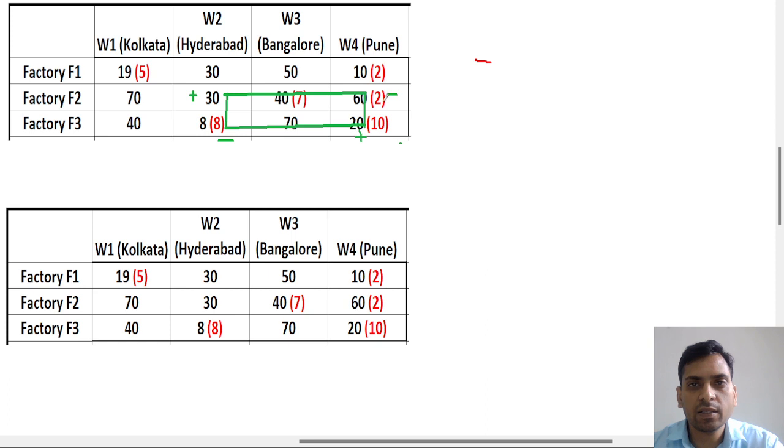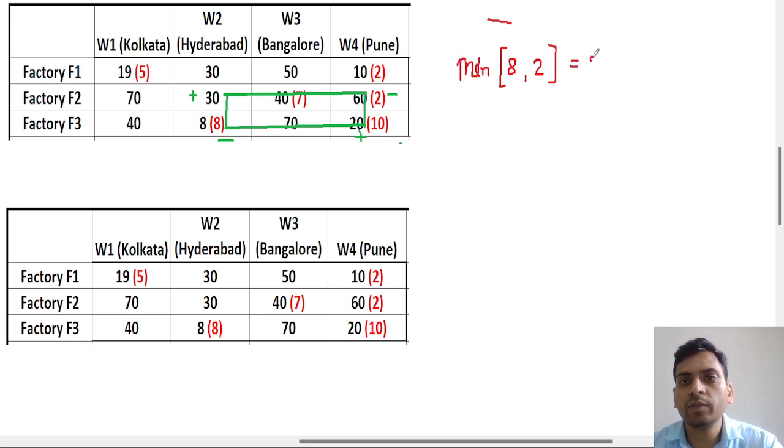First is this, second is this. In these two locations, bracketed values are what? 8 and 2. So in this loop, negative locations, this, and bracketed values are 8 and 2. So now in these two values, we will consider minimum number. So in these two, minimum number is 2.